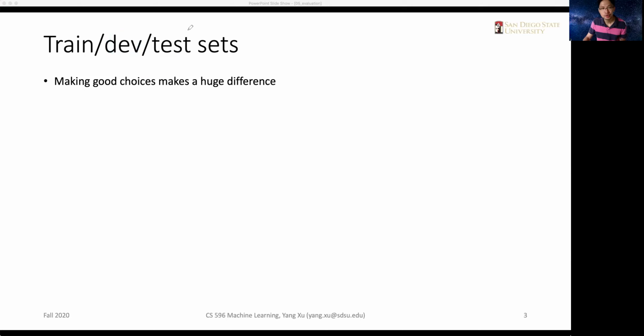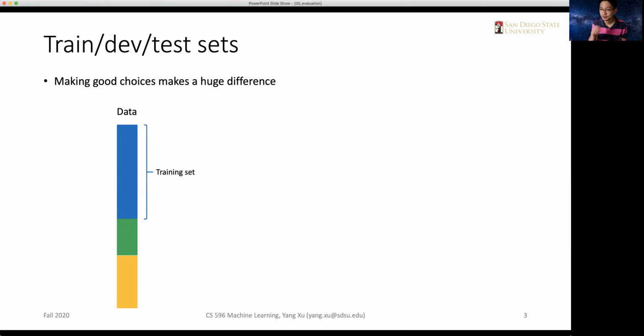We need to choose the proportions or ratios of the splits carefully in order to make the model perform well. A usual way is that the majority of the data will be used as the training set, indicated by the blue color. And the dev set, or validation set, is the smallest proportion among the whole data set.